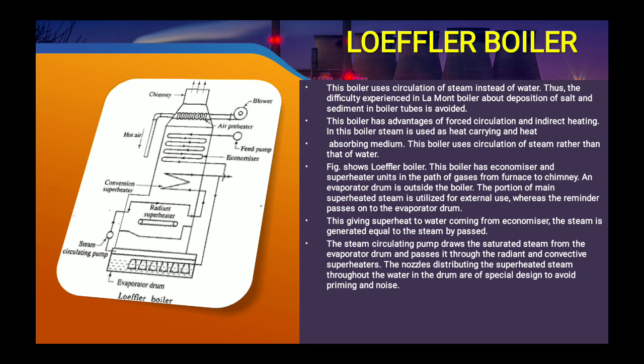Priming means there are water droplets or water molecules present with the steam, then it is difficult to rotate the turbine, or damage to the turbine can occur due to this reason. So this priming can be avoided this way.